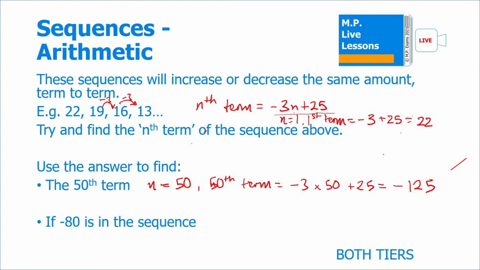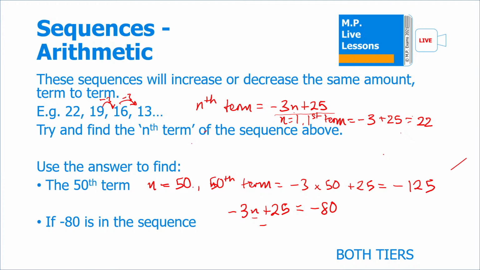And then to check if negative 80 is in the sequence, what we'd do is set up a little equation. So we'd have minus 3n plus 25 equals minus 80. What we're trying to do is solve for n, as in what position is it when the nth term is negative 80.